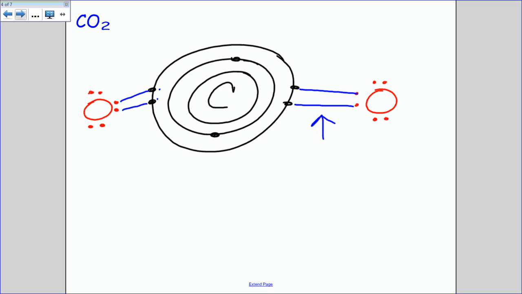It's a double covalent bond because they're sharing 2 pairs of electrons between different atoms. You see that? And another double covalent bond over there because they're sharing 2 pairs of electrons. Everybody all right?